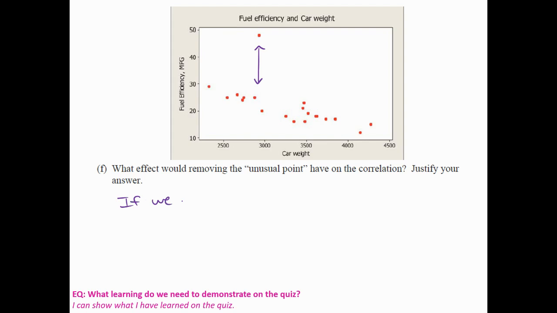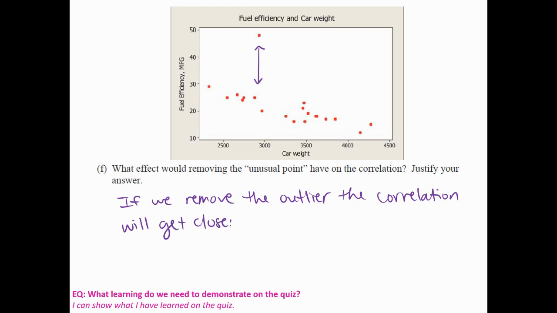So if we remove the outlier, the correlation will get closer to -1.